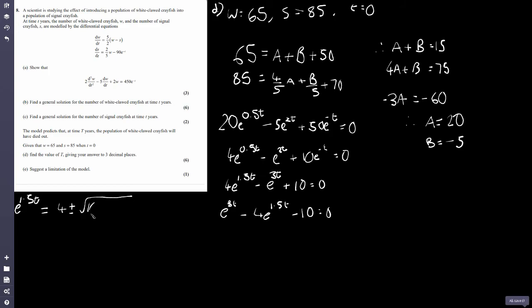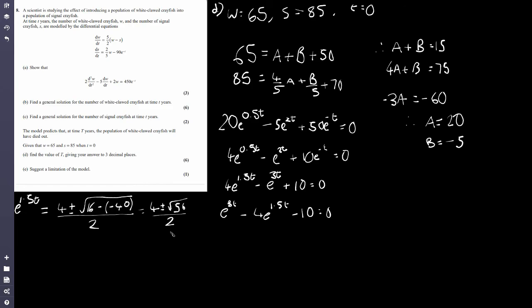So I'm just doing my quadratic formula here using this quadratic here. 16 minus 4 times 1 times minus 10, and this is going to be all over 2. So this will be equal to 4 plus or minus the square root of 56 over 2.